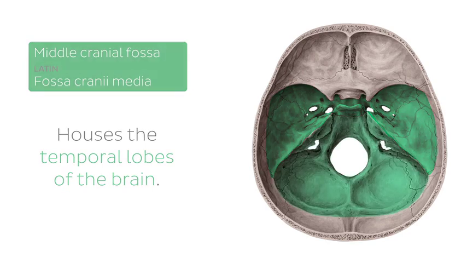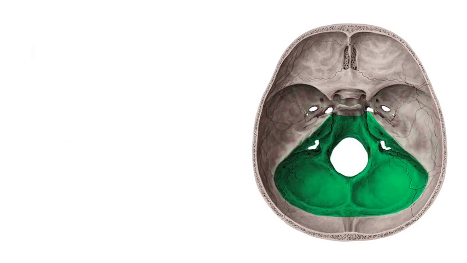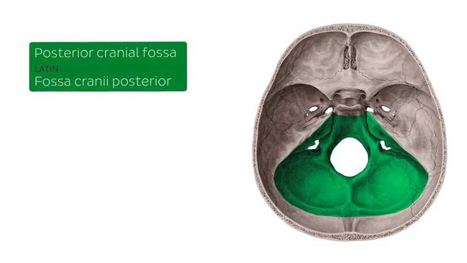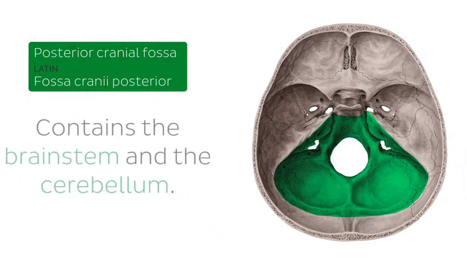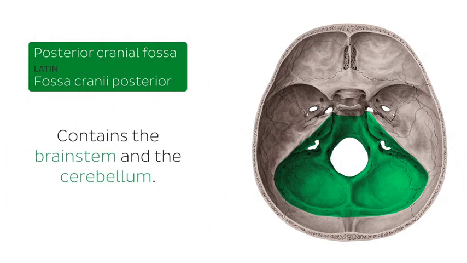The other one is then found a bit more posteriorly, to which we then will call the posterior cranial fossa, and is an intracranial cavity located in the posterior part of the cranium, and is separated from the middle cranial fossa by the dorsum sellae and the upper edge of the petrous bone. The foramen magnum lies at its center, as you can clearly see here on this image, and the posterior cranial fossa contains the brainstem and the cerebellum.